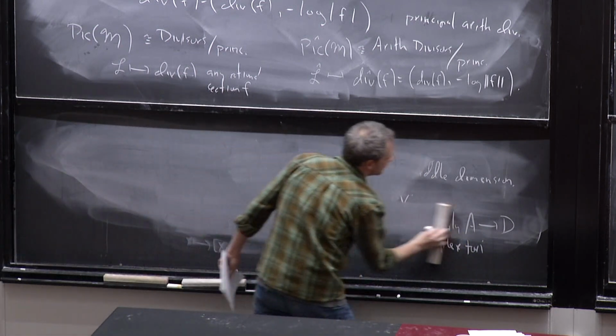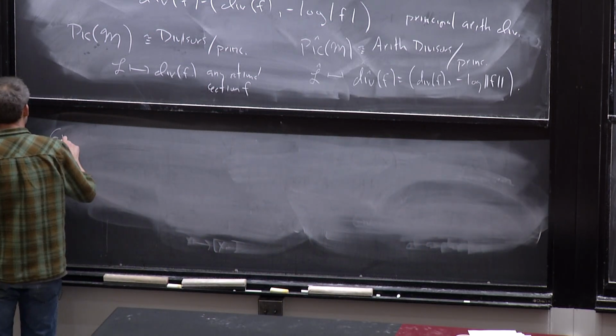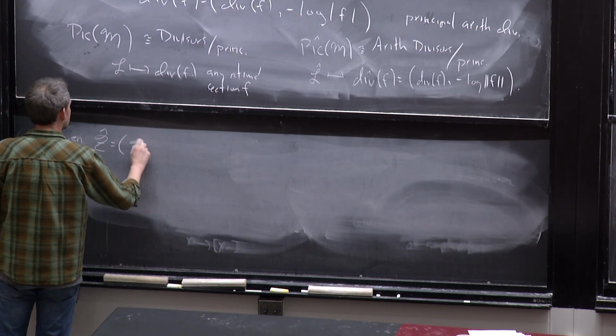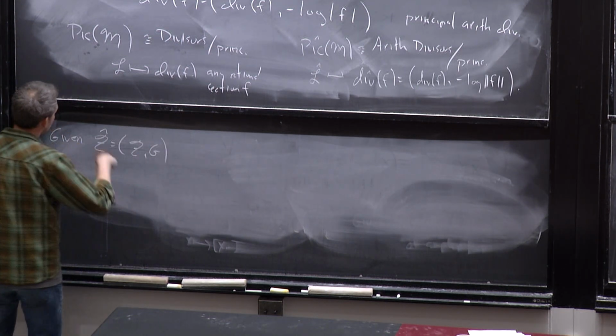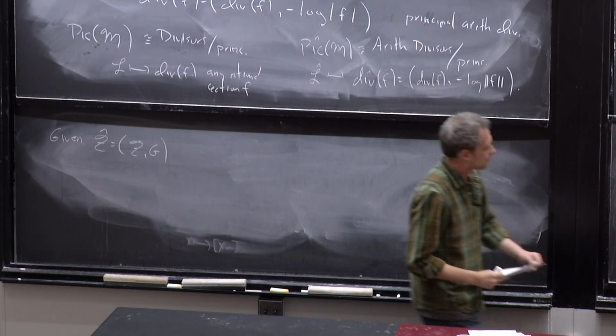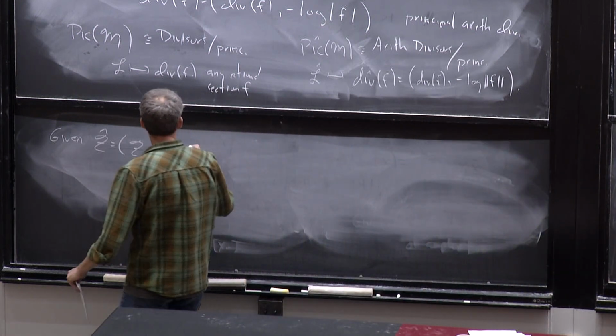suppose I give you an arithmetic divisor. So I can form its arithmetic intersection against this fixed cycle of dimension 1 over here.